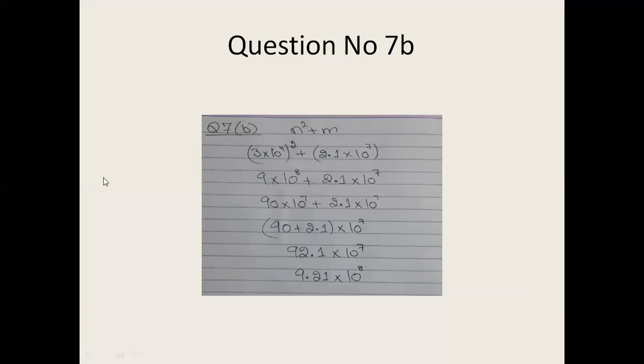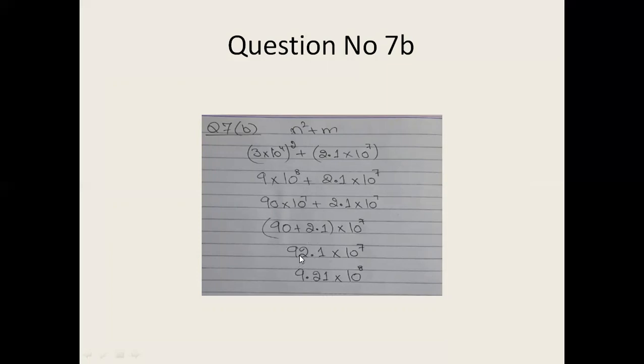So what we will do, I will move this decimal 1 step to the right, and you will have 90, and this power will decrease by 1 because you moved the decimal 1 step to the right. So 90 into 10 raised to power 7 plus 2.1 into 10 raised to power 7. So I can take 10 raised to power 7 common. So you will be left with 90 plus 2.1, which is 92.1 x 10 per 7.